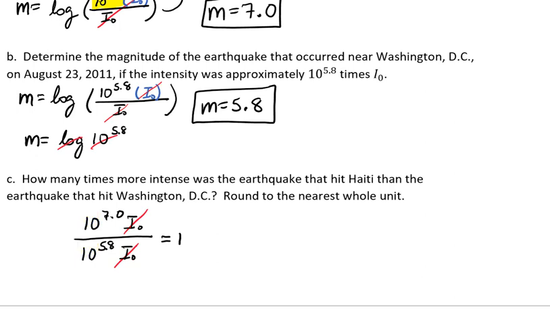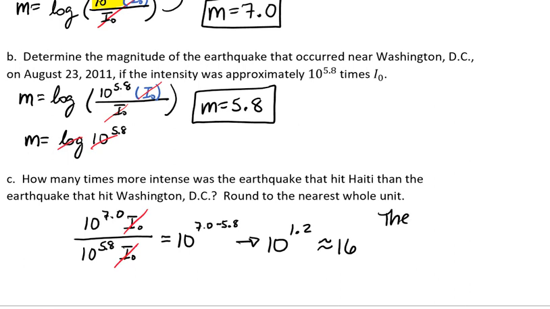So if I was showing the work for that, it would look like 10 to the 7.0 minus 5.8. And so this ends up giving me basically 10 to the 1.2 power, which comes out to approximately 16, which is a lot more than if you just take 7.0 minus 5.8.